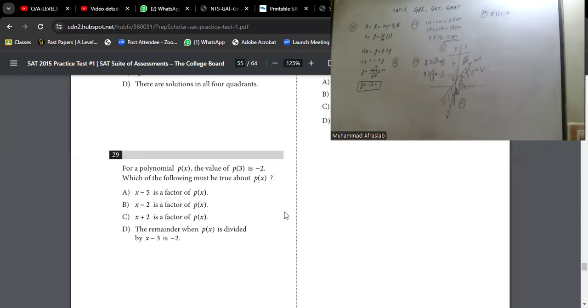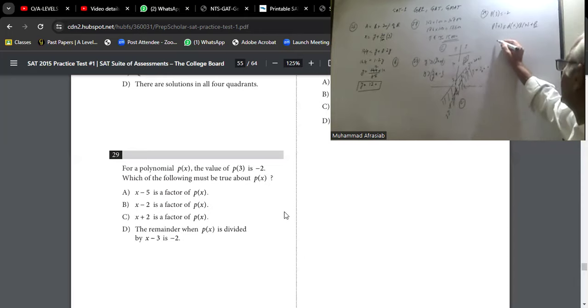We know that it is a polynomial, so it is divisor times quotient plus remainder. So polynomial of x is equal to divisor of x into quotient of x plus remainder. And this P of 3 is equal to -2.